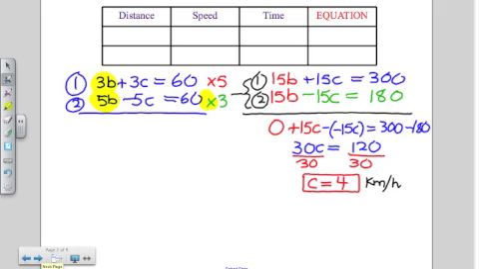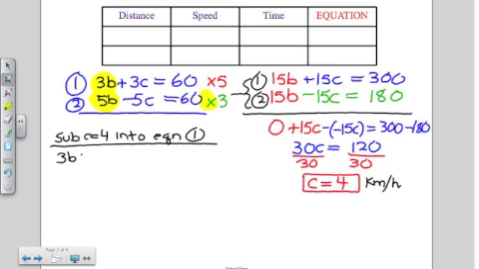Now I can find the speed of the boat by substituting c is equal to 4 into equation number 1. And I'm going to pick my original equation number 1 because it's easier to deal with. So 3b plus 3c is equal to 60. But my b term, sorry, I don't know my b term yet. That's what I'm trying to solve for.